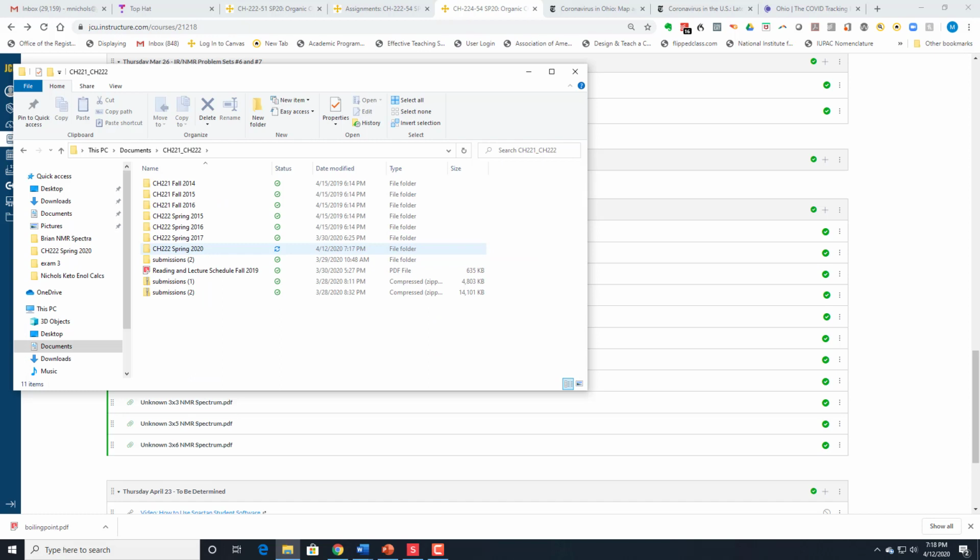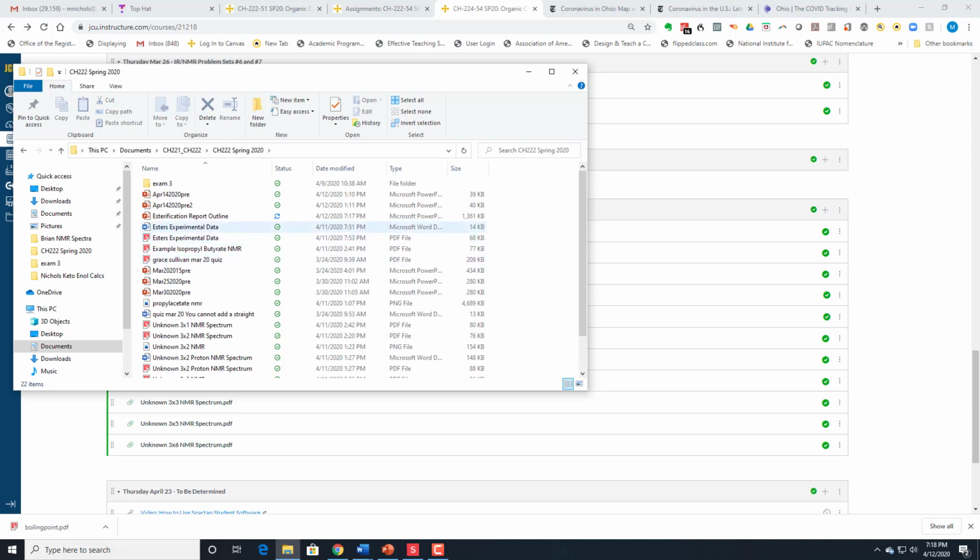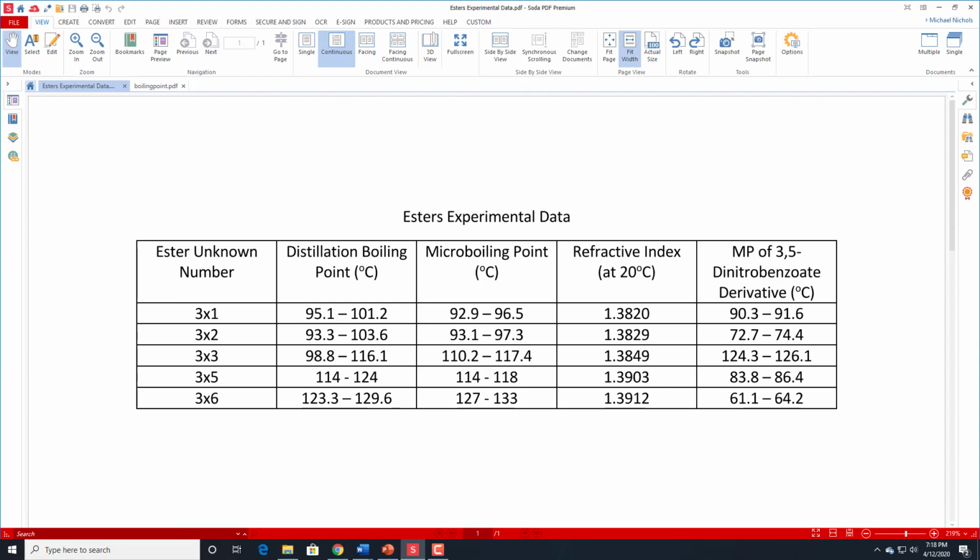Hopefully there's no FERPA violations going on, but the ester experimental data will look like this. It will have the unknown number, the distillation boiling point, the micro boiling point, and again, there may be a difference between those, so your range might have to include both sets.